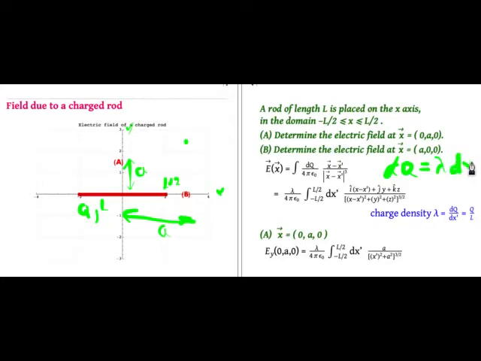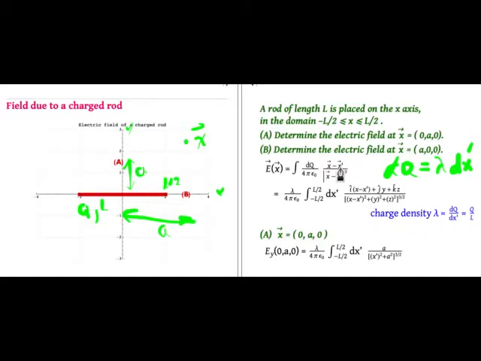Well, I better not call it x because I've already used x to stand for a different thing. X stands for this position. That's x vector. Let me call it x prime. Well, x prime is a point in the distribution. So in fact, x prime here will be a point on the x-axis.